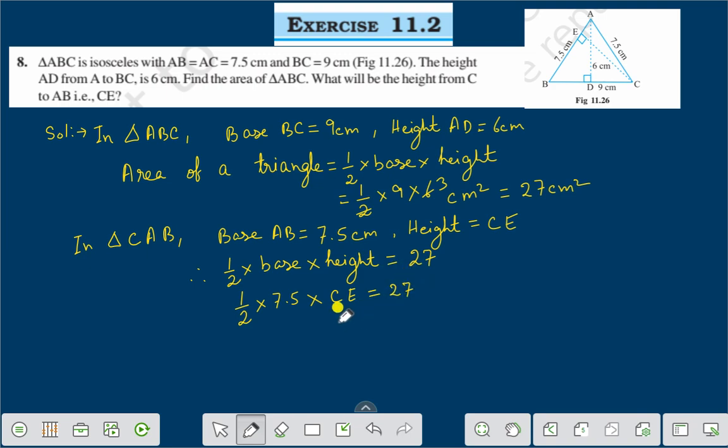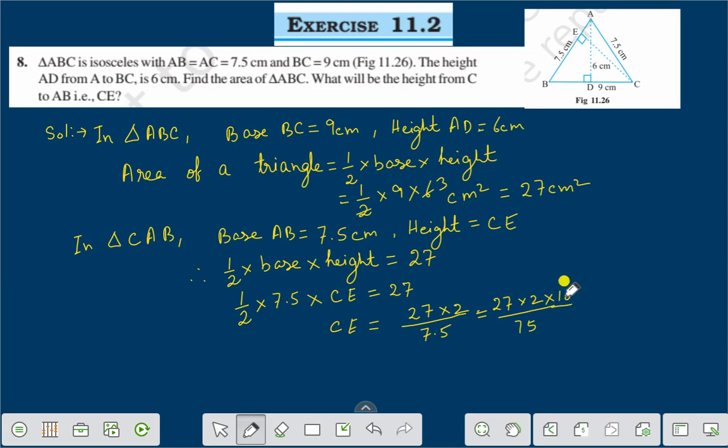If we find the value of CE, it is equal to 27 into 2 by 7.5. You see, that is 27 into 2 by 7.5. Right? If we change into fraction, then this is 27 into 2, and 7.5 means 75 by 10, and if we take 10 here, that is 10, right?